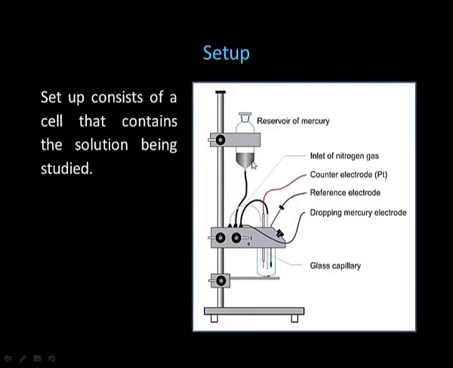We fill mercury in the reservoir, which flows through the capillary under gravitational force, and therefore, tiny drops of mercury flow continuously from the capillary.